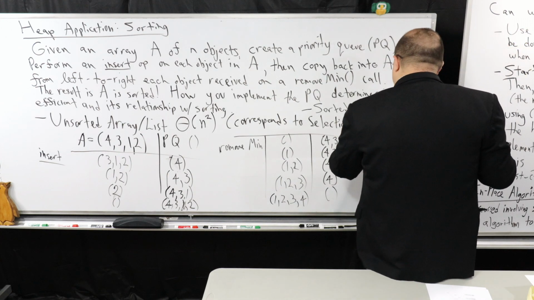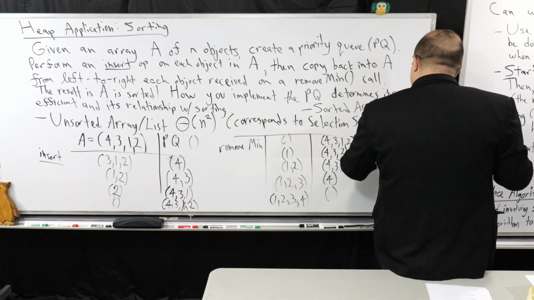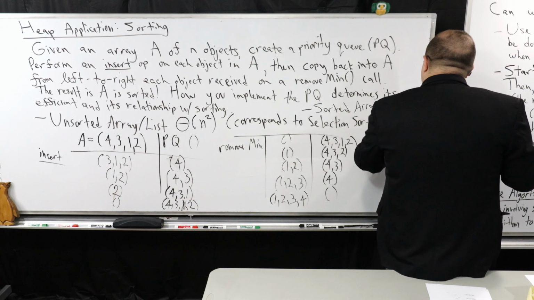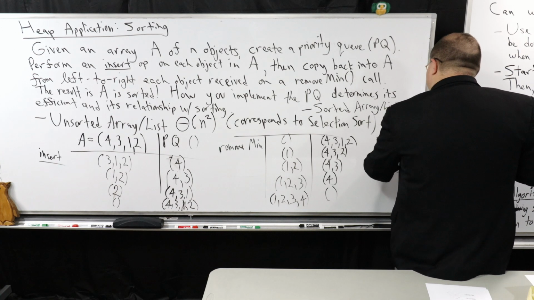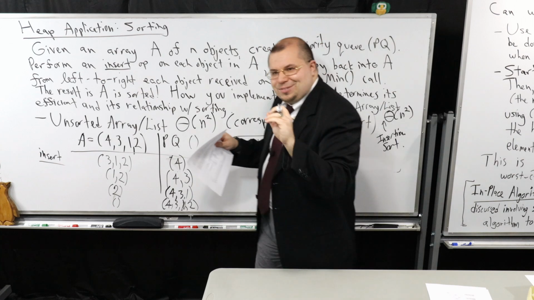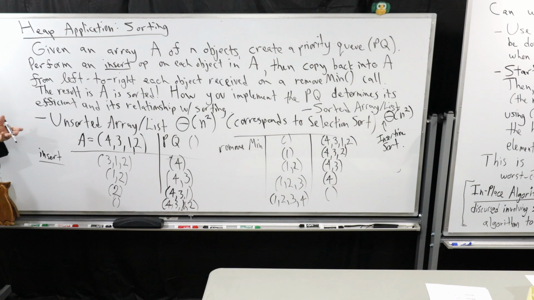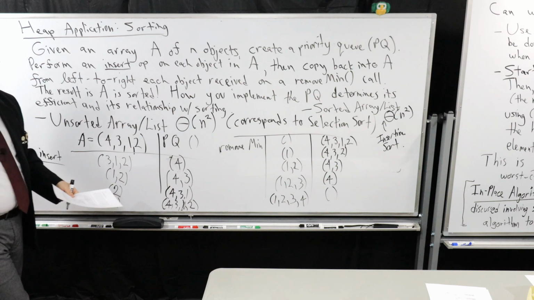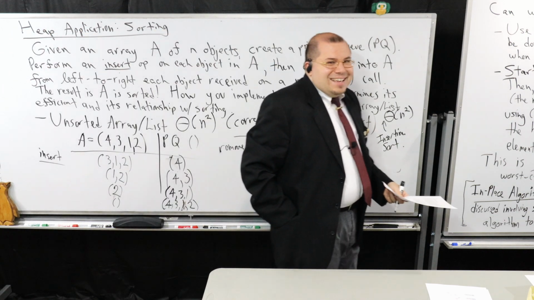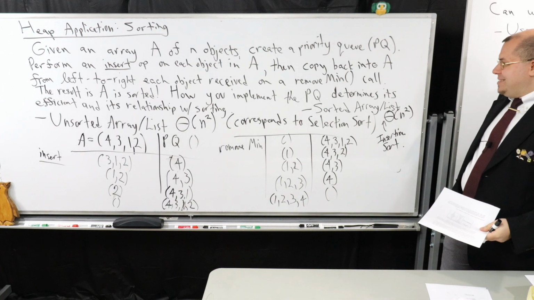This corresponds to insertion sort. If you're not convinced by this, I have an example quite like this in the notes. But I want to point out that priority queue is actually closely related to sorting. This little scenario is another way you could think about how to sort an array, just using priority queues. Is that kind of neat?